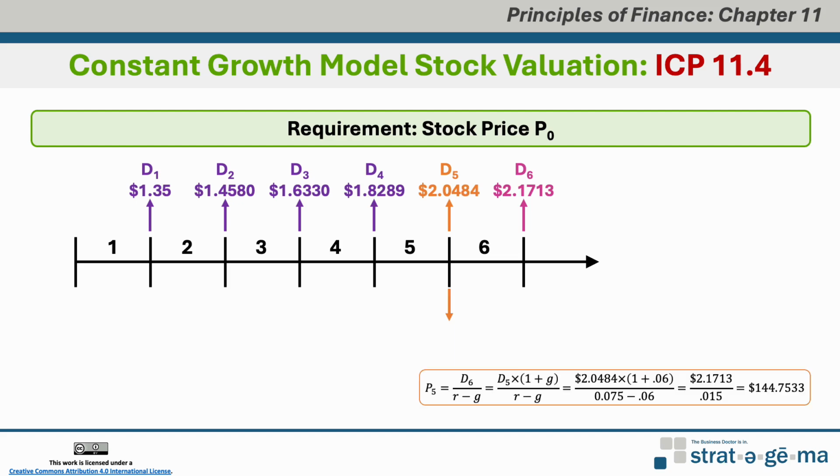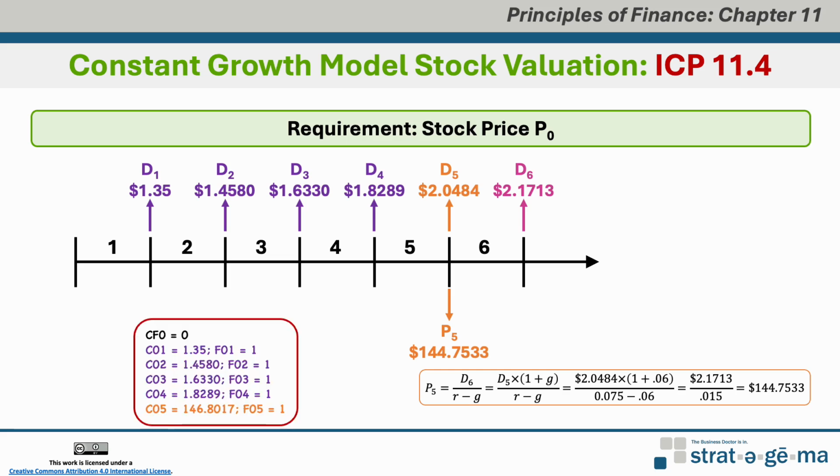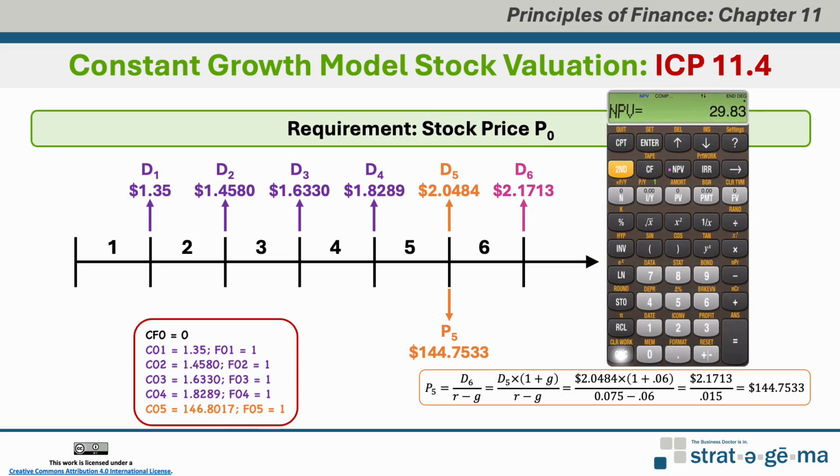And we divide that by 0.075 minus 0.06, which is 0.015 or 1.5%. And that's a total of 144.7533.